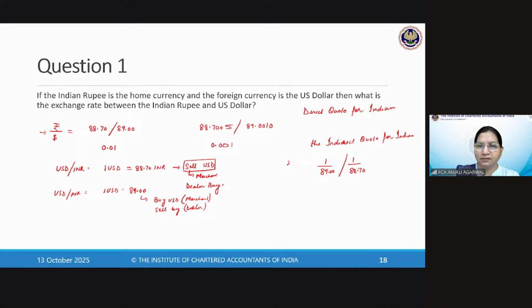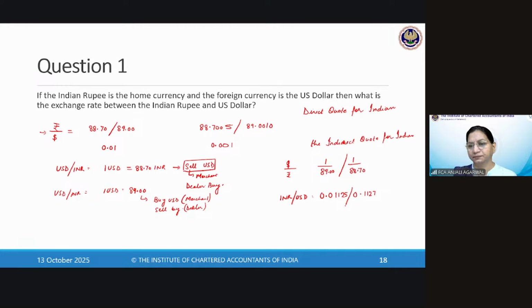Can be written as dollar upon rupee or INR/USD. So this will come out to be 0.01124, or I can take it as 0.0112 with 4 pip points, I'll take 5.